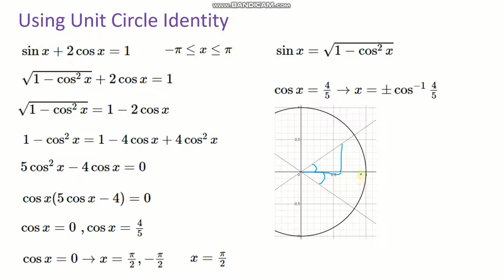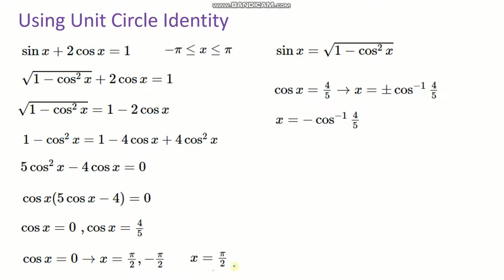Arc cos 4 over 5 refers to the triangle that has adjacent side of 4 and hypotenuse of 5, and the opposite is 3 by the Pythagorean theorem. Of these values of x, only negative arc cos 4 over 5 will satisfy our equation. Hence, our solutions are pi over 2 and negative arc cos 4 over 5.